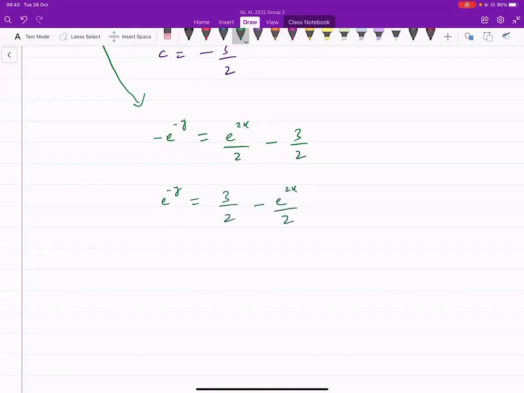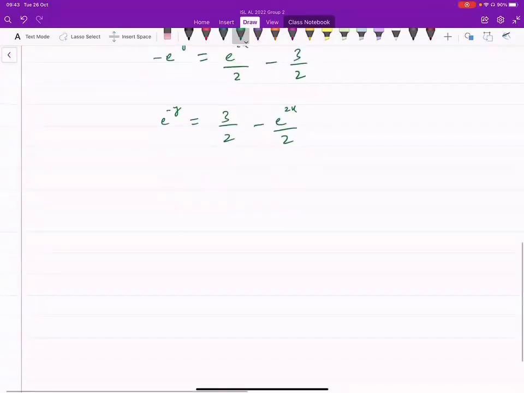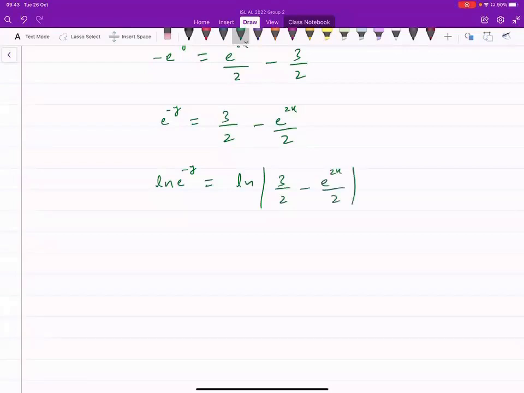ठीक है, नेगेटिव खत्म कर दिया सबसे पहले हमने। अब क्या करें, we take log on both sides, दोनों साइड्स पे log ले लें। क्या होता है, ln e raised to power minus y equals ln of 3/2 minus e raised to power 2x/2. ठीक है, now it becomes minus y ln e is 1, so that's ln of 3/2 minus e raised to power 2x/2.